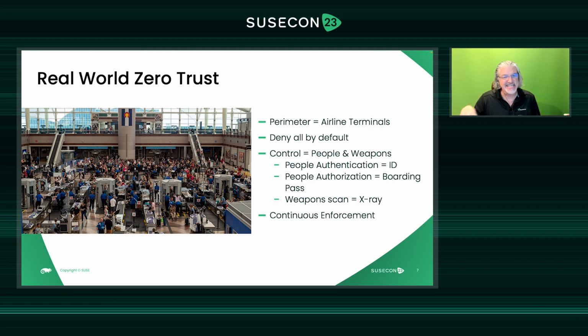We have a sanitized environment where we know no one person is in there who is not authenticated, authorized, and doesn't have a weapon. So if you go to break that security barrier, they're going to want to talk to you. And that's kind of what zero trust is. If you break that perimeter for any reason, we want to know about it. We want to be able to stop it.